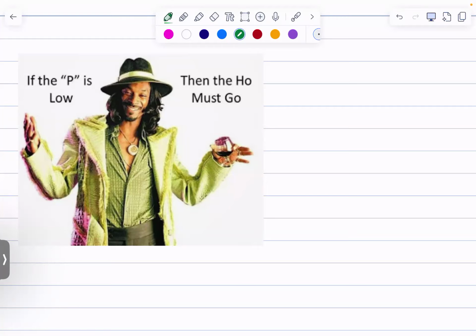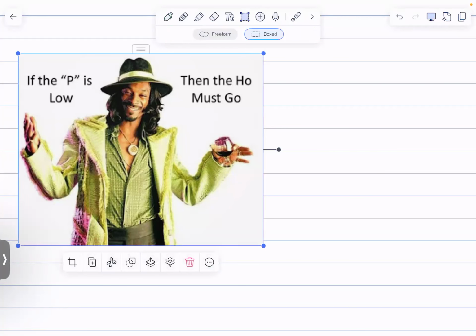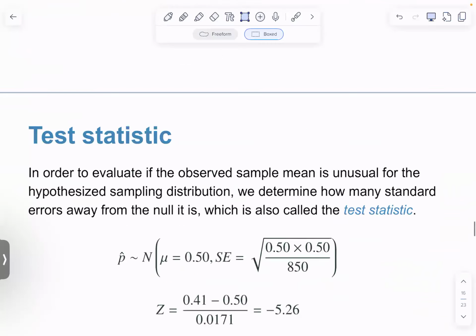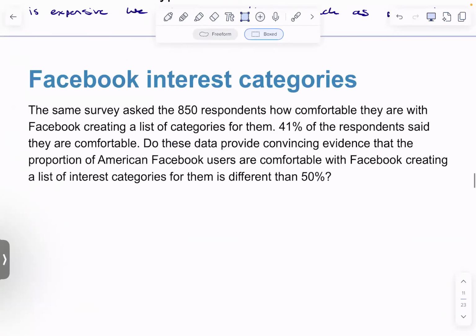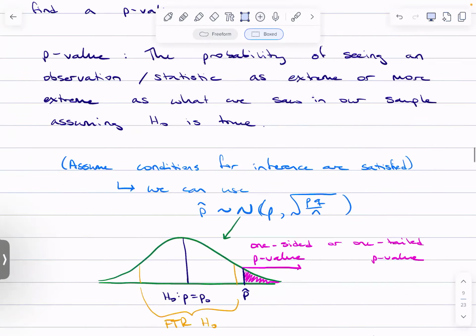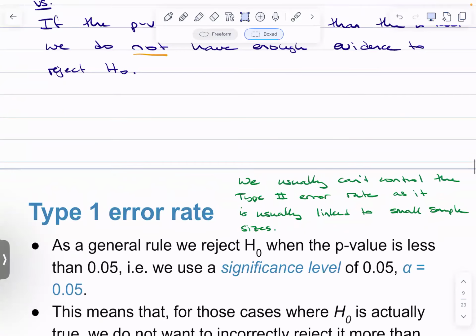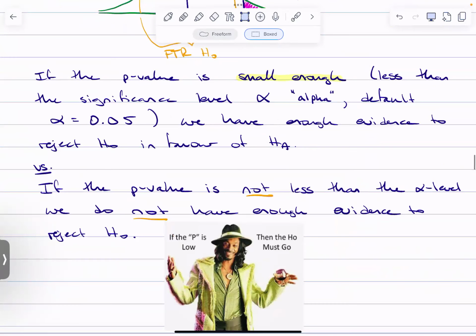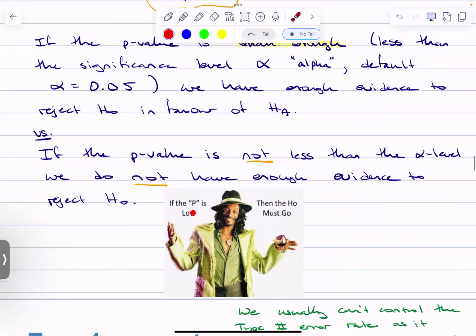And this idea, okay, I'll bring it up here. I'll put it here, but I'll make it smaller. So here, if the p-value is low, if the p-value is small enough, then you have enough evidence to reject H naught, is really what it's saying in a quick and inappropriate way.